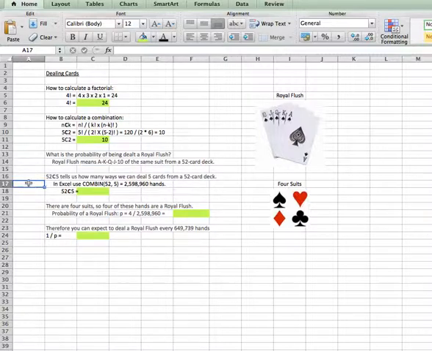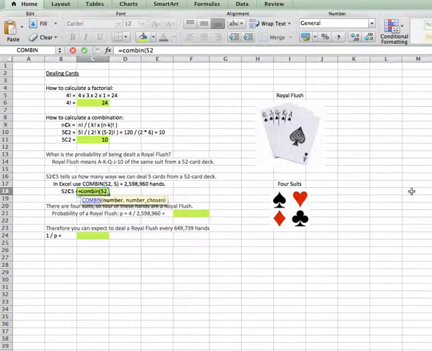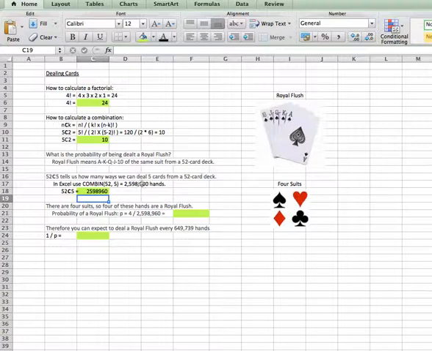So in Excel, we would use COMBIN of 52 comma 5, and that equals 2,598,960 hands that can be dealt. So let's put that in and see it calculated here. Equals COMBIN of 52, 5, and we see that it calculates that same 2.6 million for us.